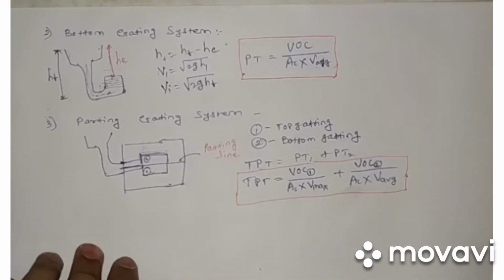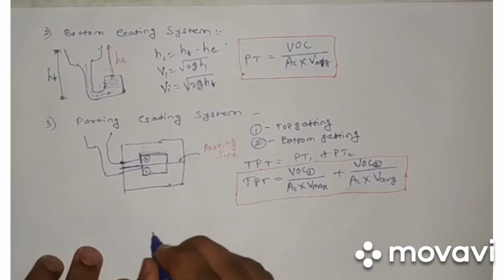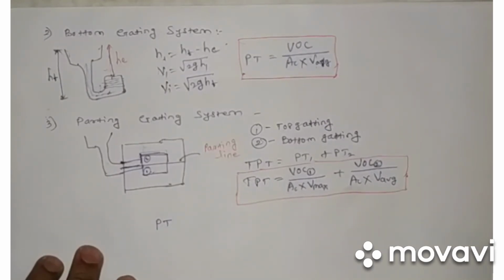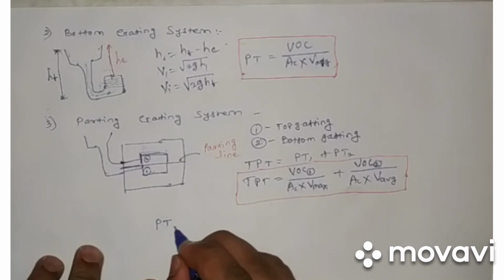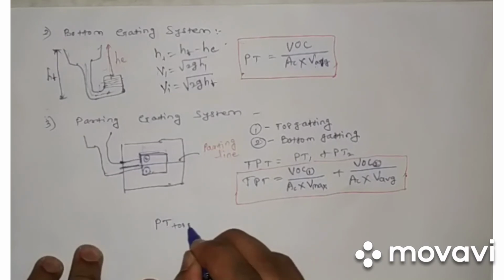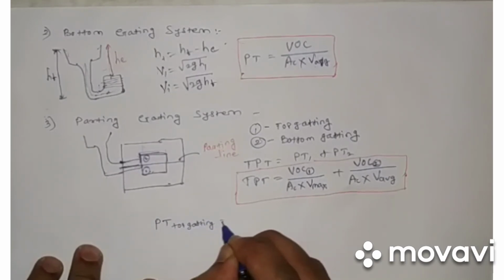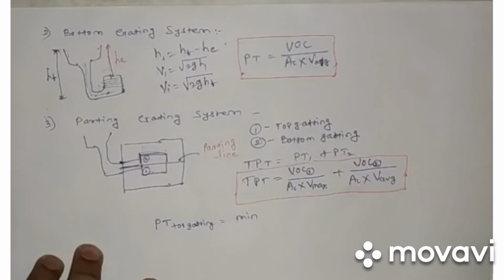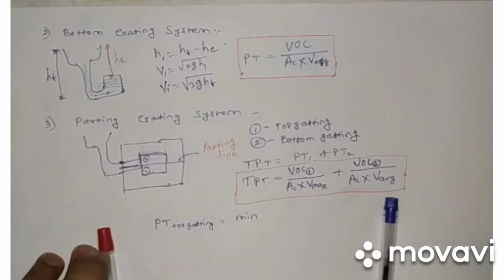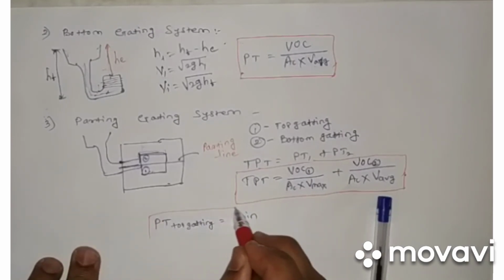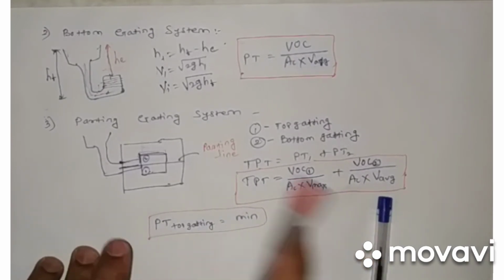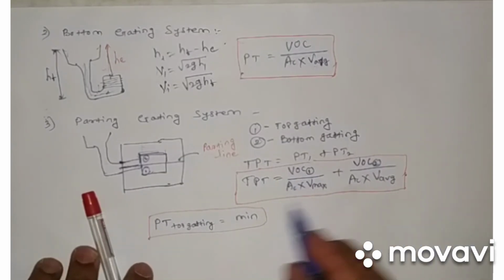So we can finally conclude that the pouring time required in the top gating system is minimum, and for the bottom system it is maximum.